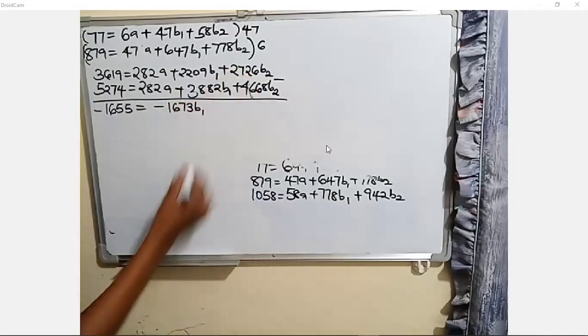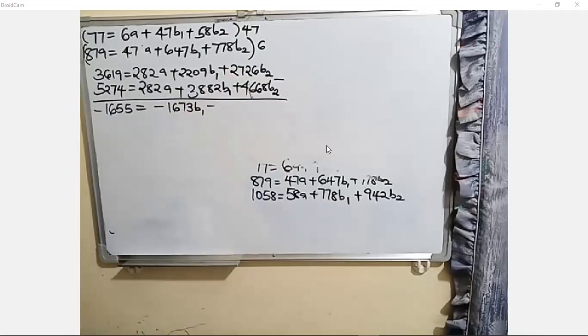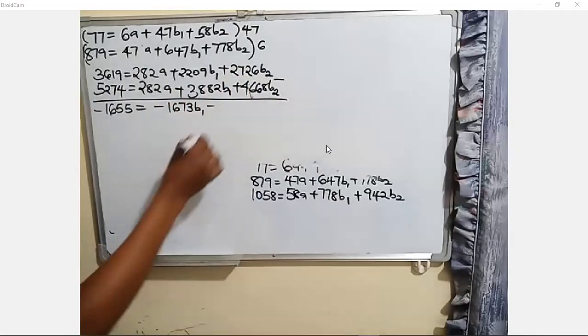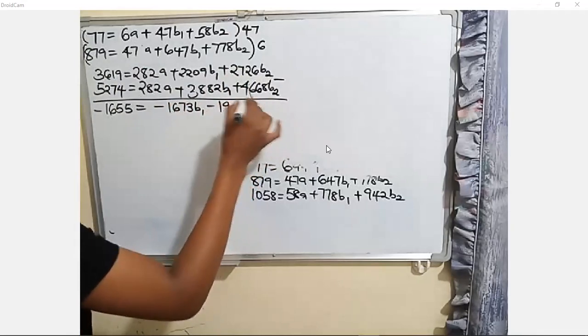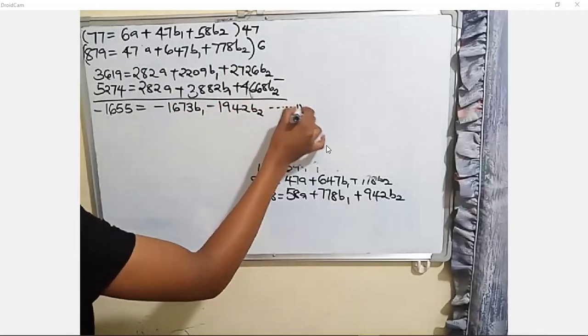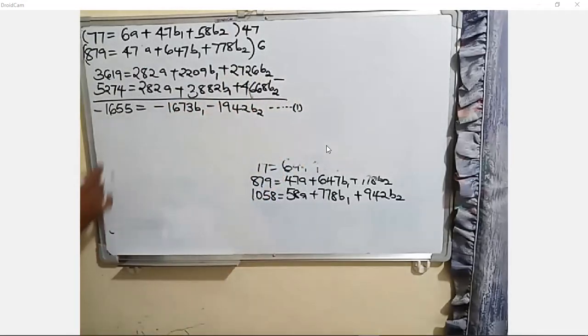Then 2726 minus 4668 we get negative 1942, b2. Remember, this is our first equation after elimination of a.